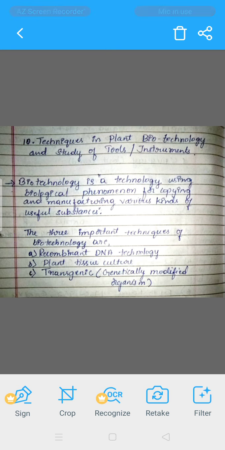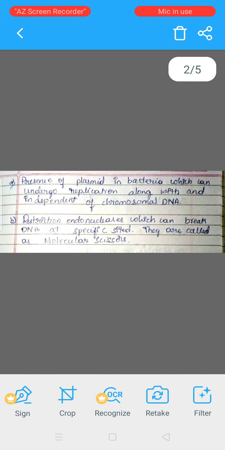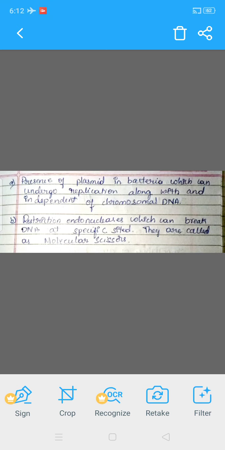It is based on two important discoveries in bacteria. First one, presence of plasmid in bacteria which can undergo replication along with and independent of chromosomal DNA.